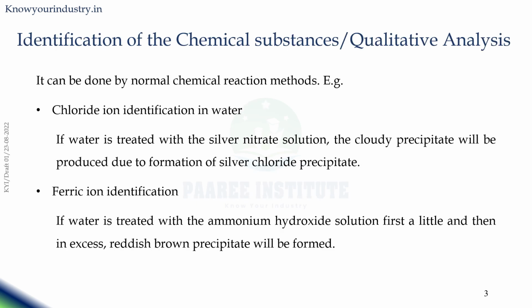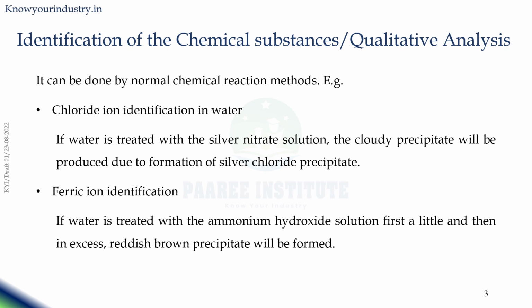In this slide, we are going to see some examples of identification of chemical substances, or how a chemical method is used for qualitative analysis. The classical example is identifying the presence of chloride ion in water. When you add silver nitrate solution to water, it will form a cloudy precipitate coming out of the chemical reaction, and the precipitate is nothing but silver chloride.